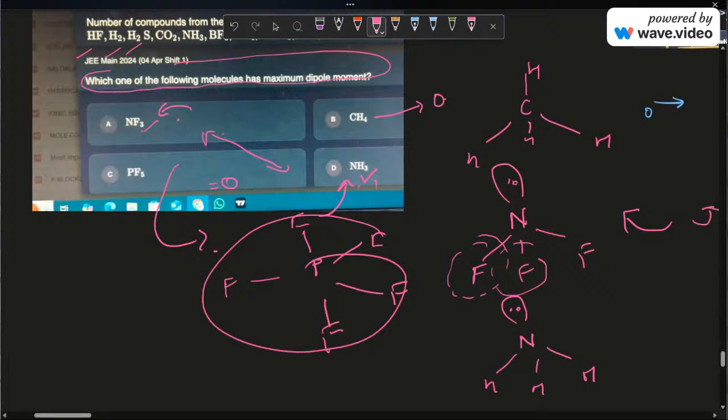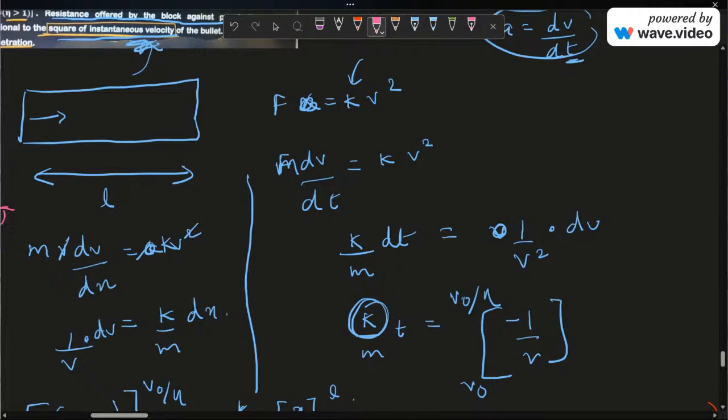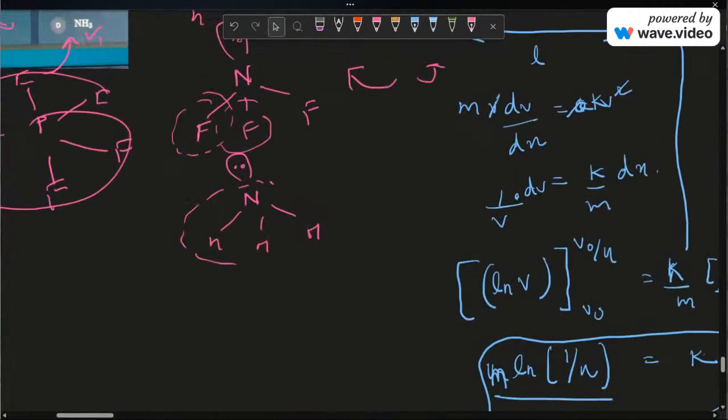That will try to make the lower triangle more planar. But in NH3, I don't know if this logic is correct also, all these hydrogens are the same, so the arrangement in space like this is also possible.